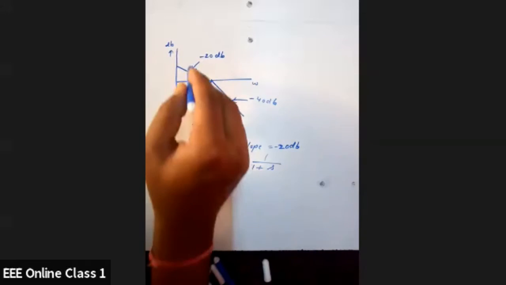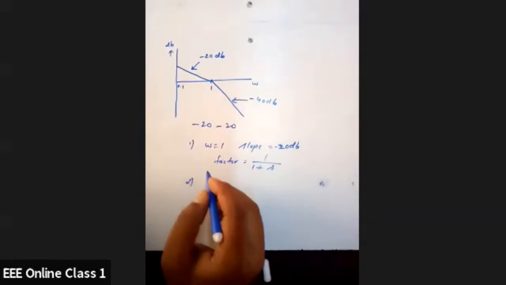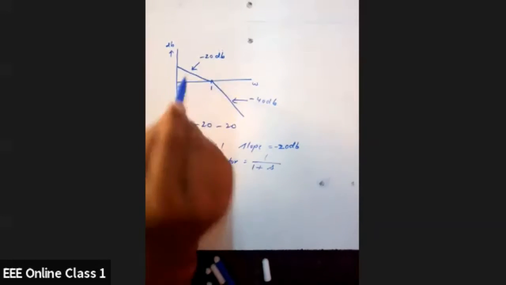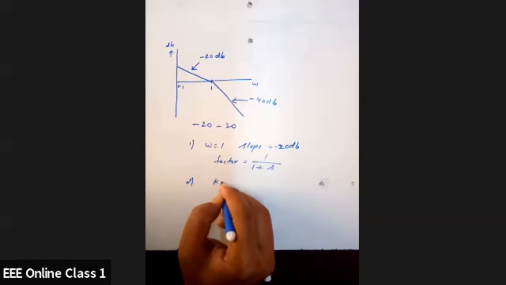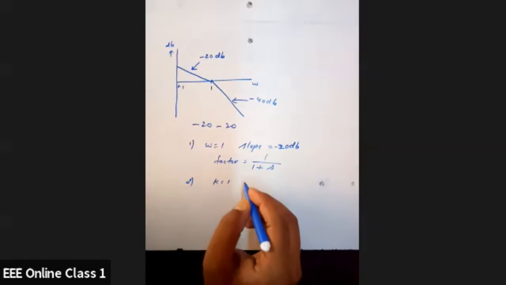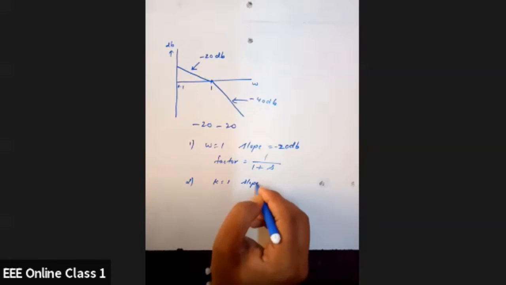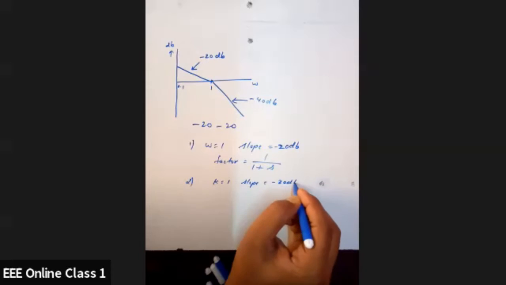So for the first line, k is 1 and slope is minus 20 dB.